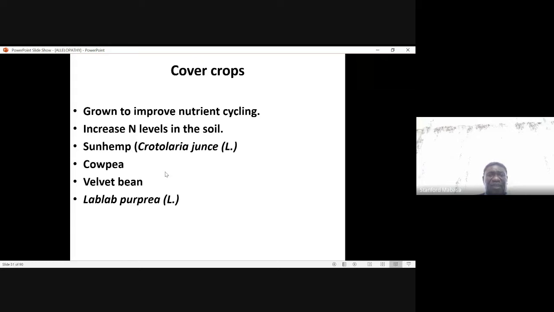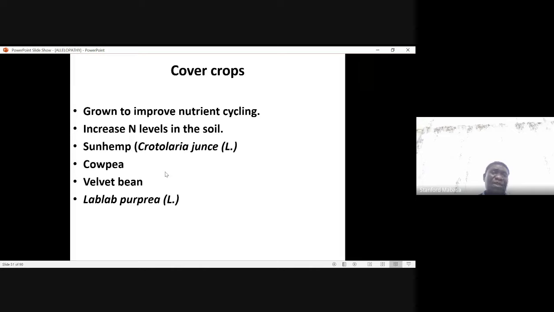You know, we can just grow these crops or these plants in some areas just to improve soil fertility. And at the same time, we reduce weeds, because they can also increase nitrogen levels in the soil.